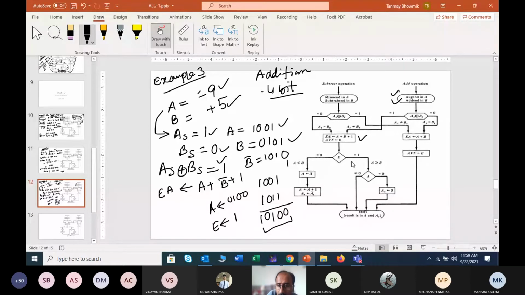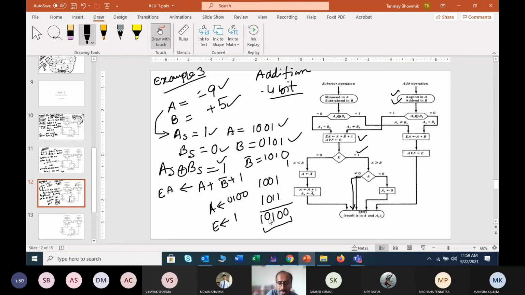So you are getting a 1 here. Your A is right now not equal to 0. You can see it is 0100. That means A is not equal to 0. So simply you will come to this side and your result will come in here. Simply you will follow this route.